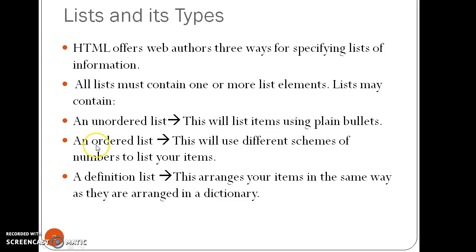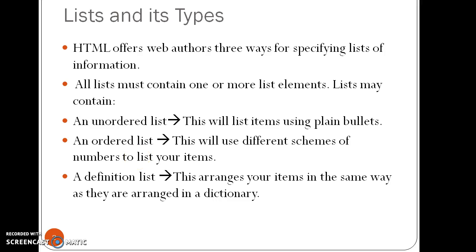Next classification is ordered list. Here, as the name specifies, order plays a very important role. The list of items should be listed in a particular order. For example, when you are writing an algorithm, the set of instructions should follow a particular order.